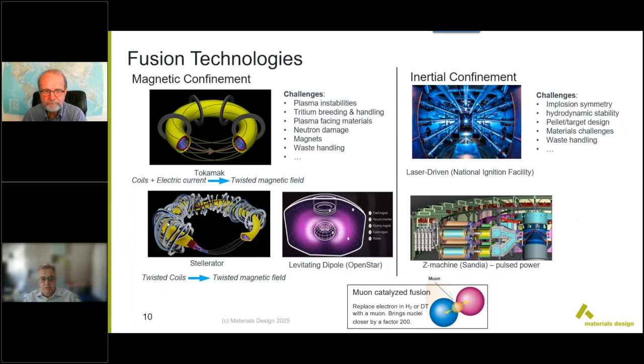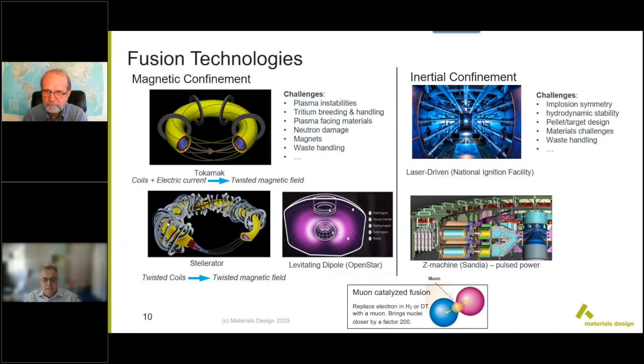Typically what people use is a tokamak, or more recently experiments with the so-called stellarator. I won't go into too much detail here, but the field lines of the magnetic fields are constructed very carefully to allow the plasma to be as stable as possible, circulating within this tokamak, and being able to heat that plasma and effectively facilitate fusion reactions.